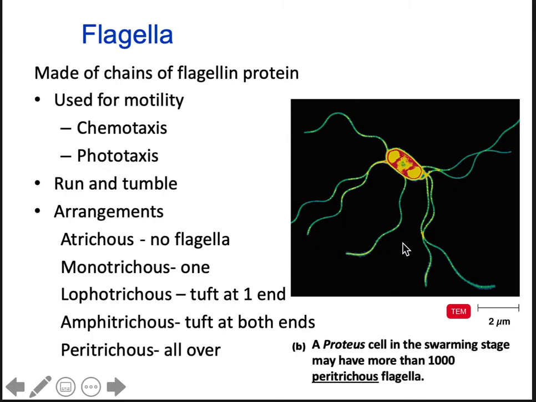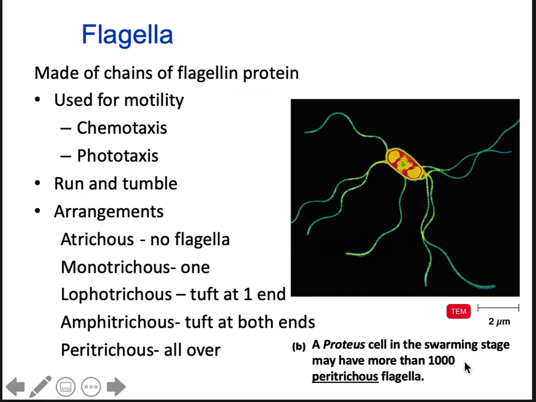This is a super cool image. It's fluorescence, right? Staining different proteins so you can get this nice contrast. And of course, the green is showing you all the flagellin protein. They also mentioned in this description that this guy is from the genus Proteus, and that he's capable of a type of motility called swarming.